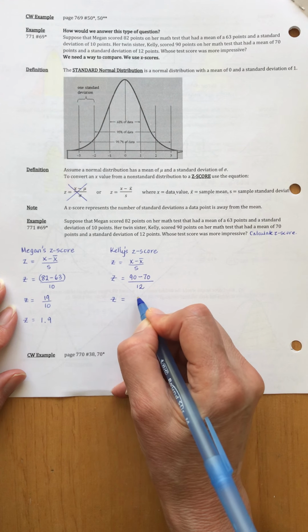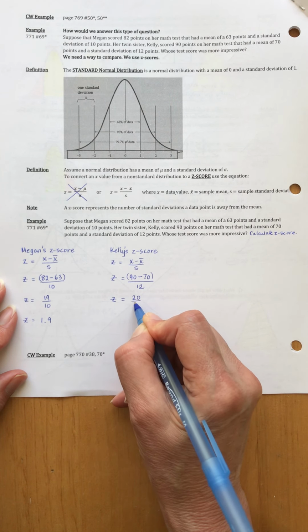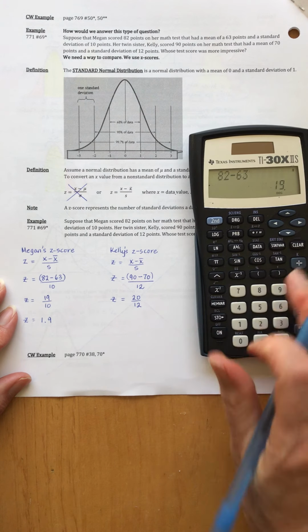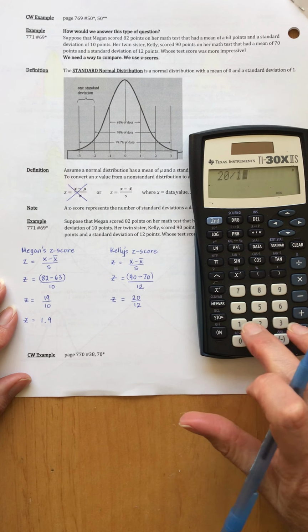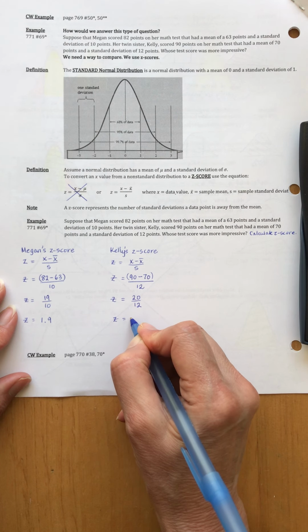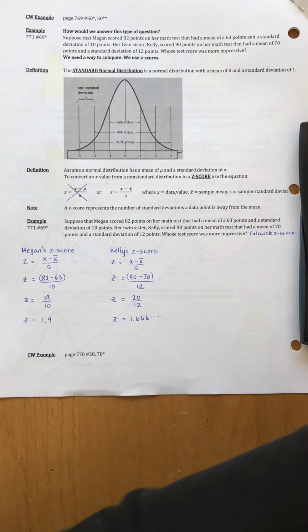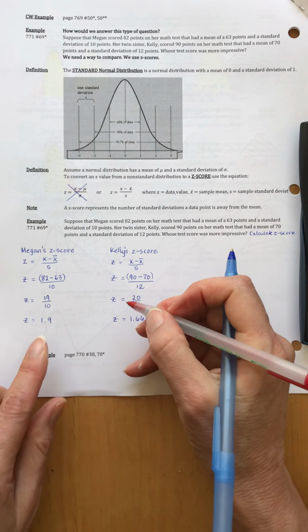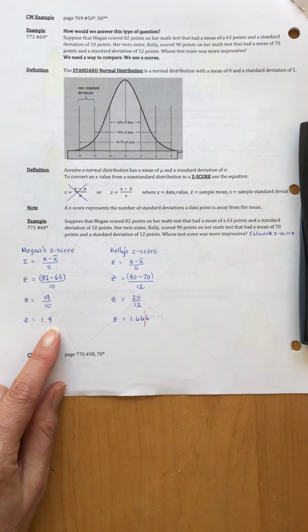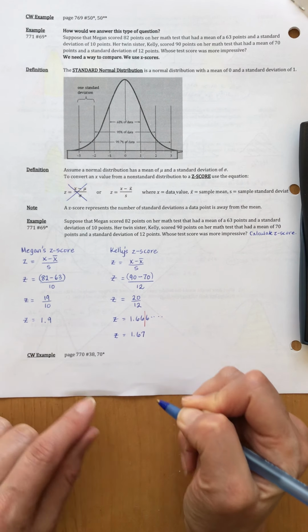So here we get 20, again using parentheses or doing the numerator first, divided by 12. What do we get when we do that? 20 divided by 12 equals 1.6666, going on forever. Z-scores are rounded to 2 decimal places. Here we didn't have to deal with it because it ended, but here we do. So we're going to say 1.67.